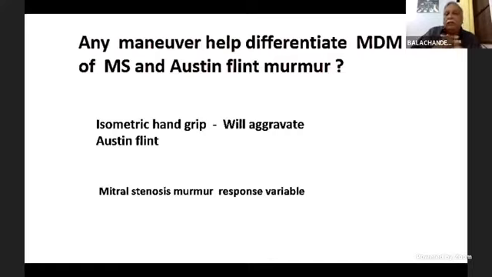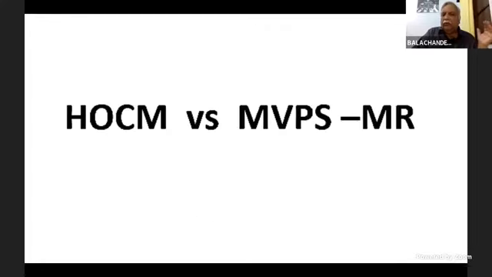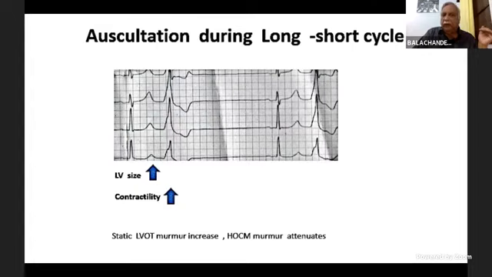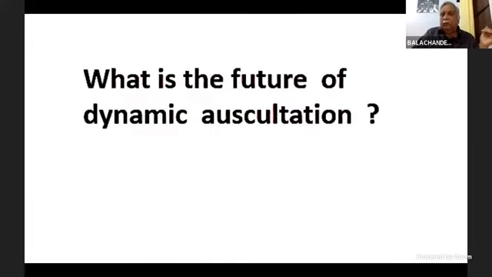So definitely an aggravation of this Austin Flint murmur, AR murmur, or a mid-diastole in severe AR will tell you that we are dealing with an Austin Flint type of murmur. And once again, looking at the HOCM with this MPS, we have already told in static, LVOT murmur increases, HOCM murmur decreases.